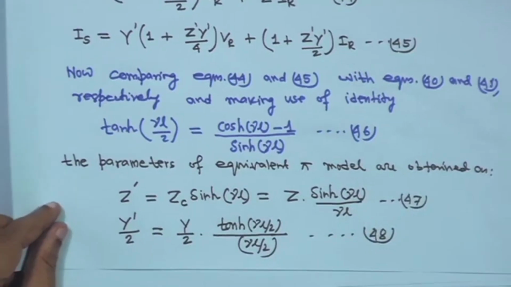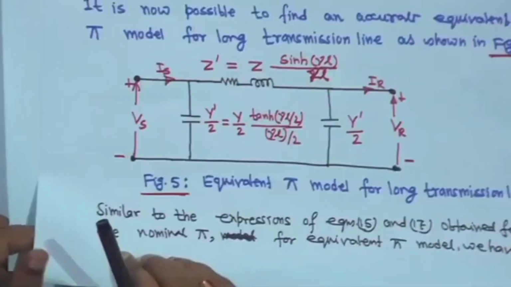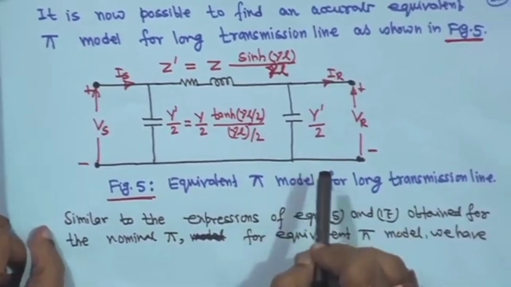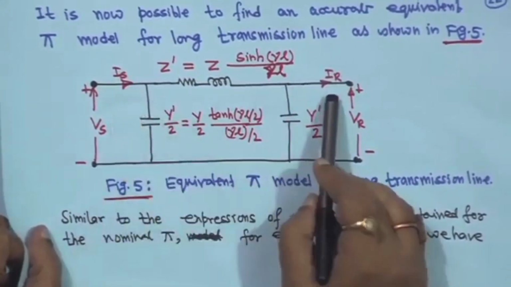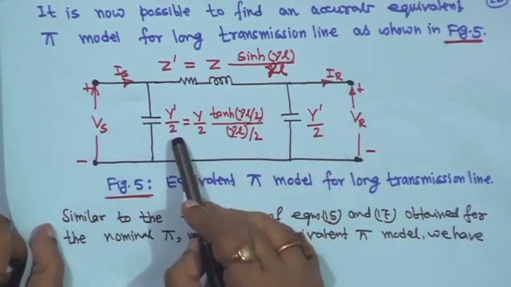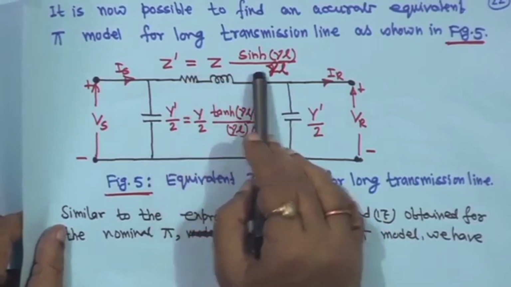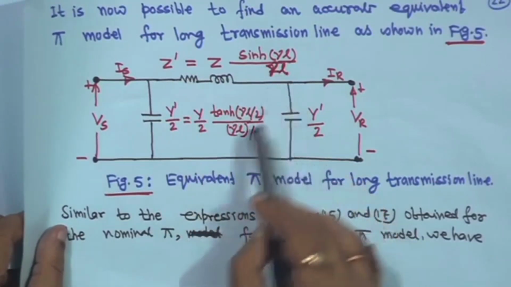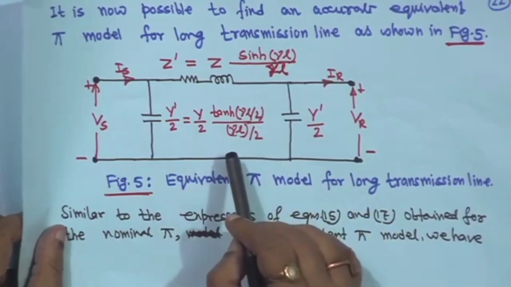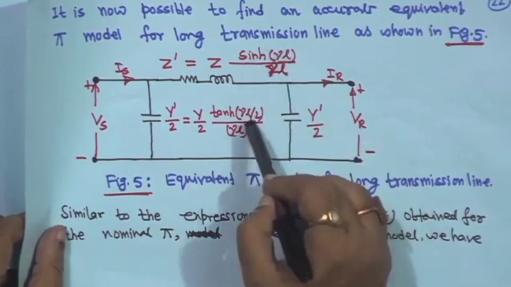Using this, you can represent that long line by an equivalent pi representation for a long transmission line. This is IS, this is IR, the sending end current and receiving end current. This is VS, this is VR, and this is y dash by 2, and this is also y dash by 2, and this is Z dash is equal to Z into sinh gamma L upon gamma L. When we considered only the pi model, this hyperbolic term was not attached.